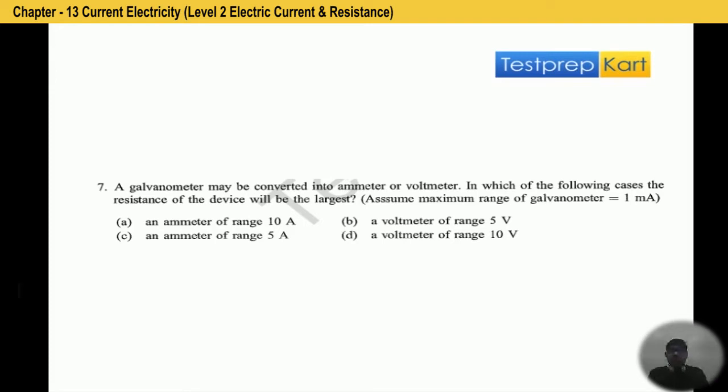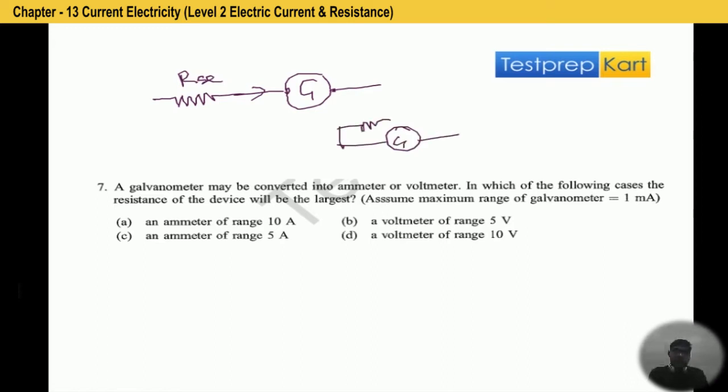So whenever we convert a galvanometer into an ammeter or voltmeter, we want maximum current for this element if we are converting into an ammeter, and least current through this element if we want to convert into a voltmeter. So in case of a voltmeter, we connect a high resistance in series, and in an ammeter we connect a very small resistance in shunt.